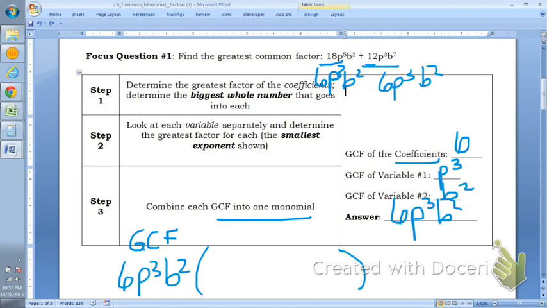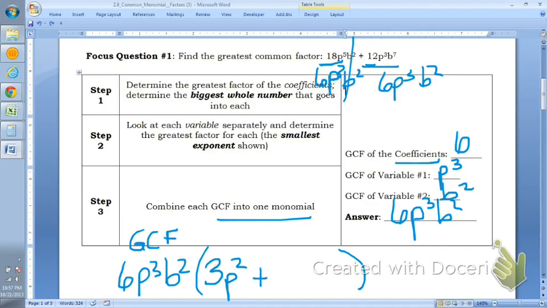Well, look at your first term. 18 over 6 reduces to 3. So you're dividing. P to the 5th over P to the 3rd is P to the 2nd. B to the 2nd over B to the 2nd just cancel out, it's just like 1.